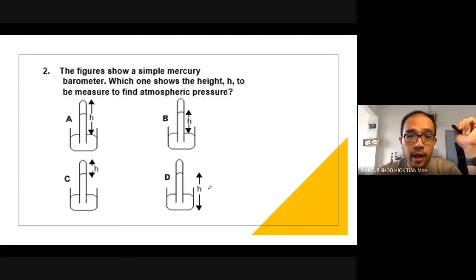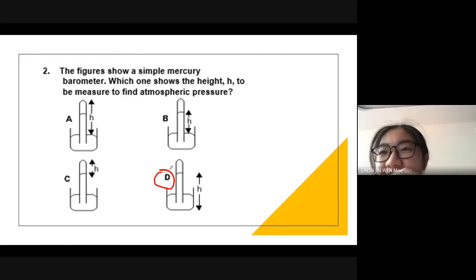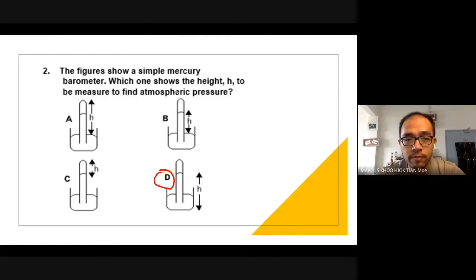Next, the figure shows a simple mercury barometer. Which one shows the height to measure atmospheric pressure? D. Really, D? Nope, D is not the answer.